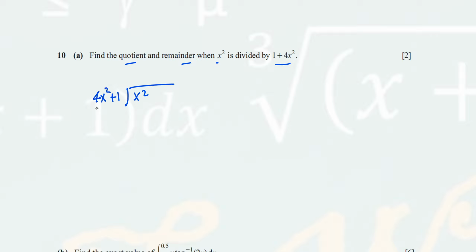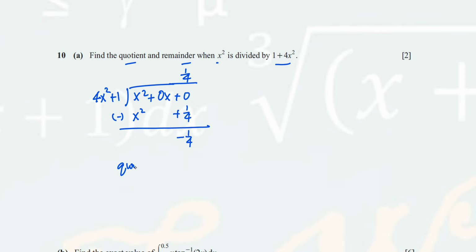To get x squared from 4x squared, I need to multiply by 1 over 4. So I better write plus 0x plus 0 first. So I multiply by 1 over 4. 1 over 4 times 4x squared is x squared. 1 over 4 times plus 1 is plus 1 over 4. Then subtract. So you will get 0 minus 1 over 4, that is minus 1 over 4.